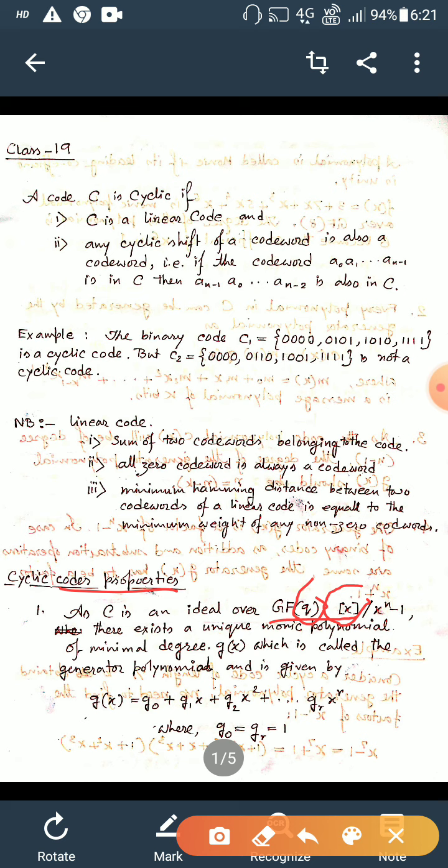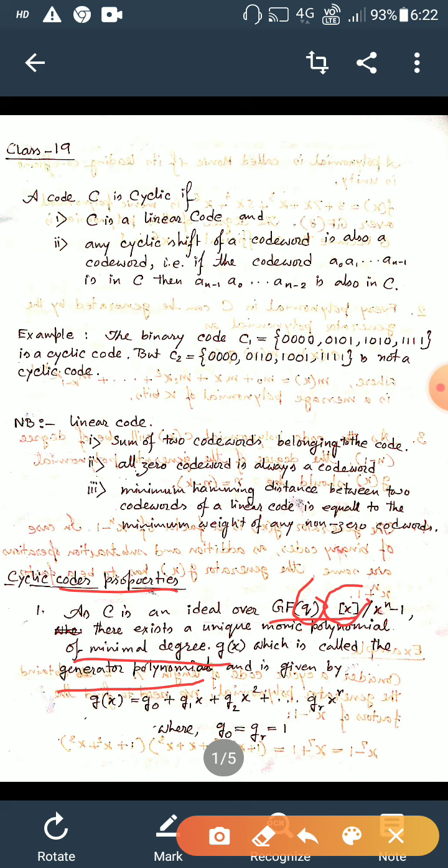That will be fully divisible by x to the power of n minus 1. There exists a unique monic polynomial of minimum degree g(x), which is called the generator polynomial.